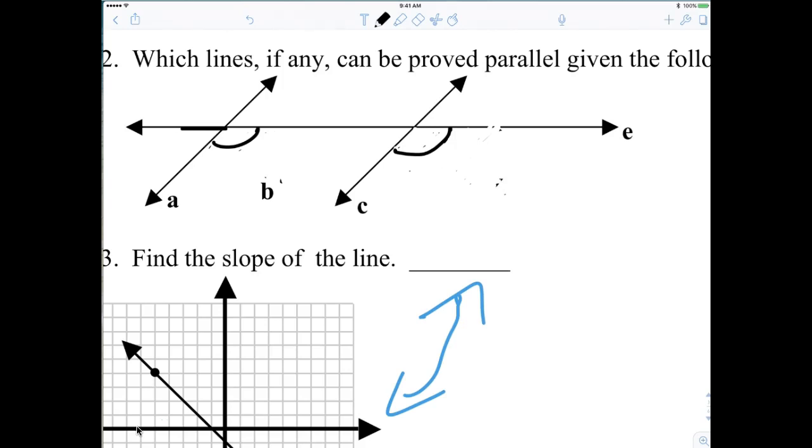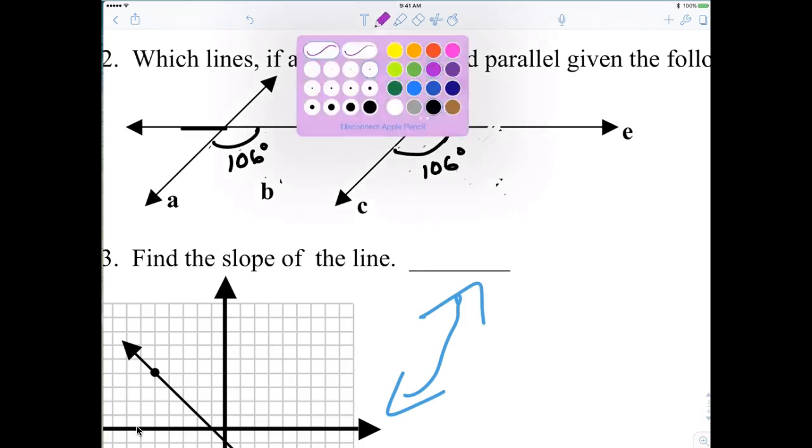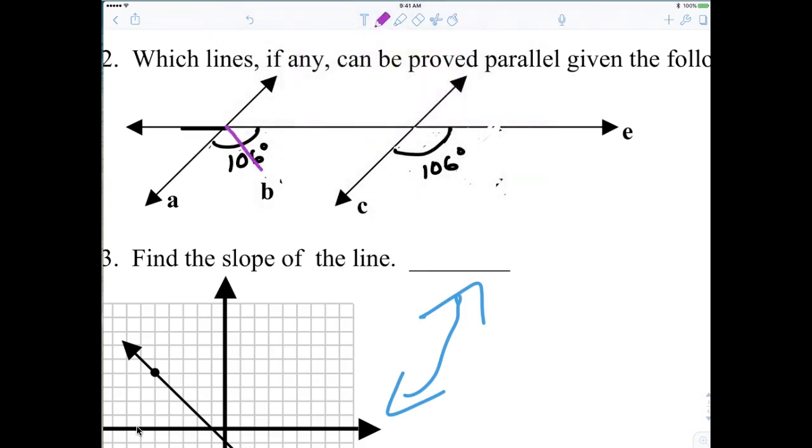Honestly, what I was trying to show you was this. Do you agree that I think it was 106, right, guys? So those two angles add together are 106. So it's clear to me now that A and C are parallel. Do you agree? Now the confusion comes when they take this line right here and they divide up 106.